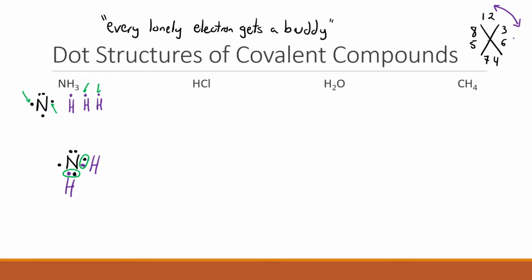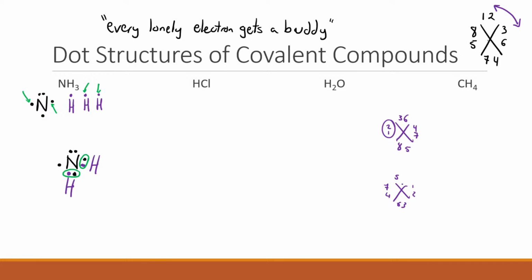Right, we are allowed to rotate this template around the symbol, which means I can have 1, 2, 3, 4, 5, 6, 7, 8. It's still the same order, but now instead of starting from the top, we can start from the left. Or we can do the same thing starting from the right side.